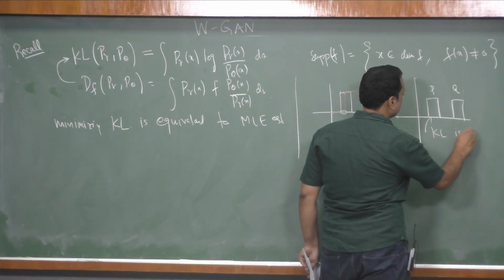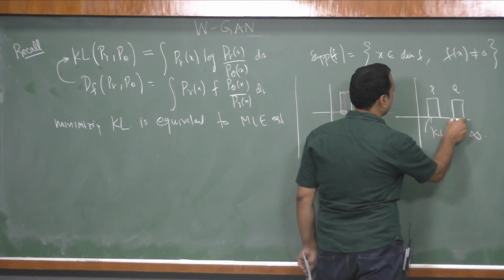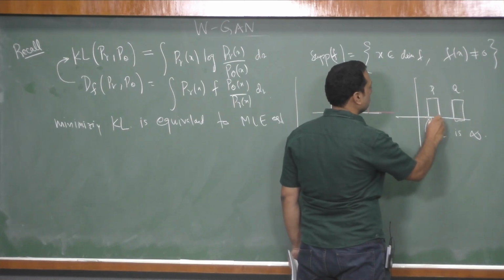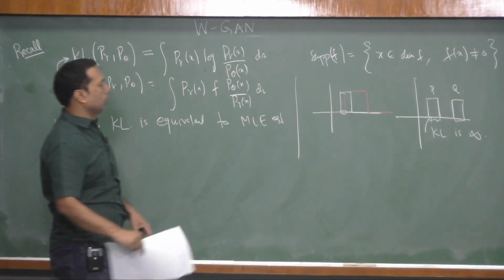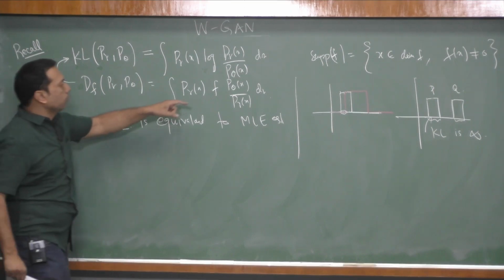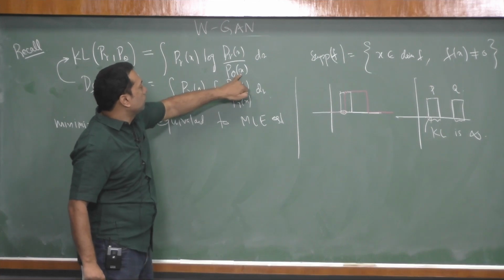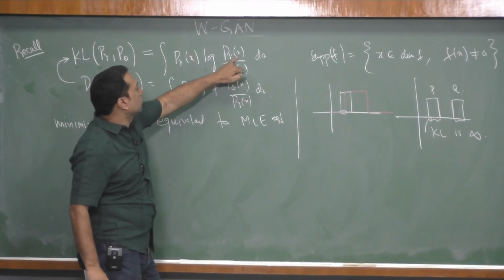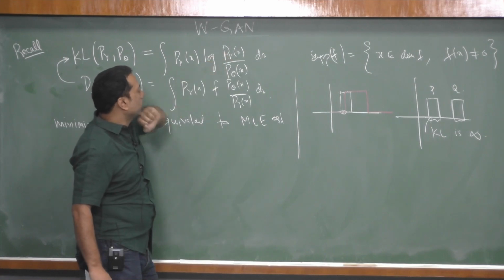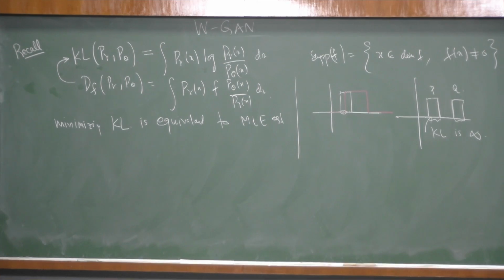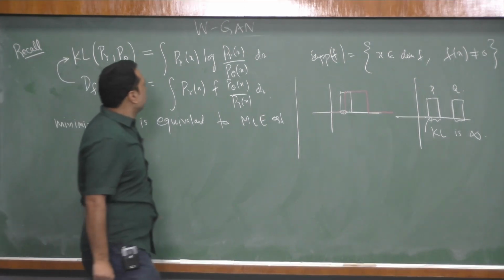KL gives you an infinity value because the distribution Q has its support here and distribution P has its support here, and they don't intersect. This exactly means that there are x for which P_theta is 0 but the other is not 0. Then we get an infinity, or we have a log 0 which also gives you infinity. So KL divergence has this issue: where the two distributions' supports don't match, KL divergence goes to infinity.